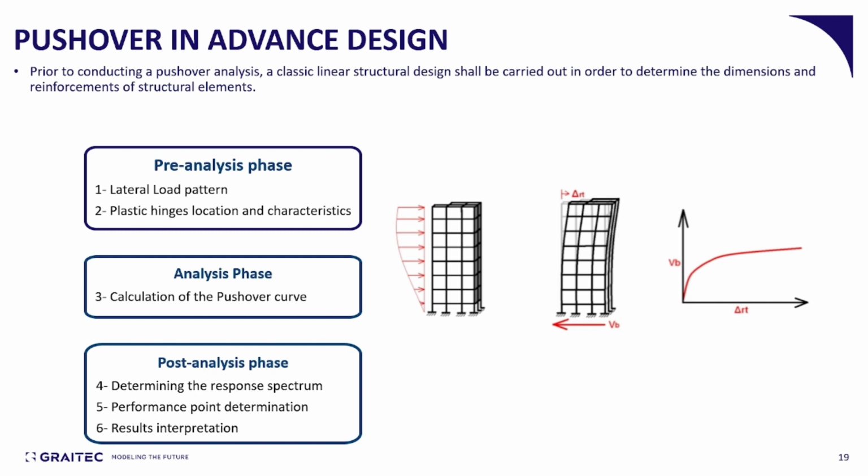We will see later the different options we have on the lateral load pattern. And secondly, we need to define the plastic hinges location and the characteristics of the plastic hinges. By incorporating plastic hinges, basically we incorporate the material nonlinearity. The second phase is to perform the calculation and then post-process the results.